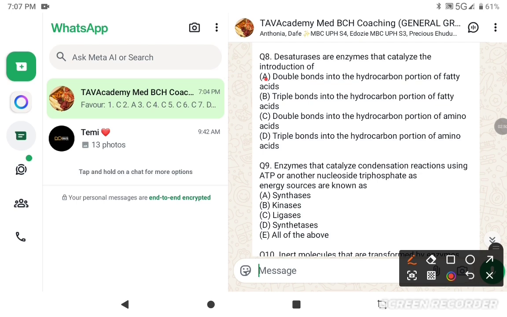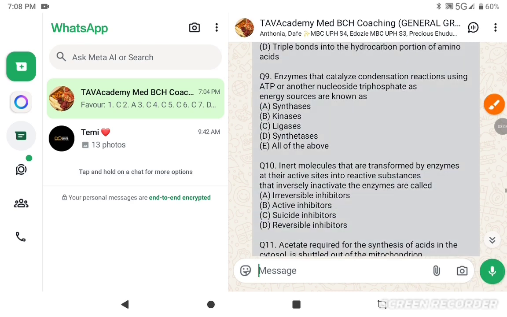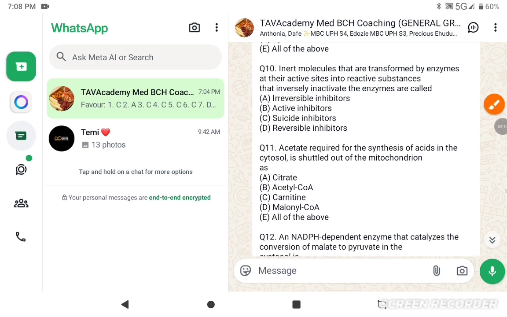Question 9 says, enzymes that catalyze condensation reactions using ATP or another nucleoside triphosphate as energy sources are known as synthetases. Not enzyme classes, but enzymes. Ligases would have been correct if it says enzyme classes. So that's it for this. Question 10 and question 11 now.